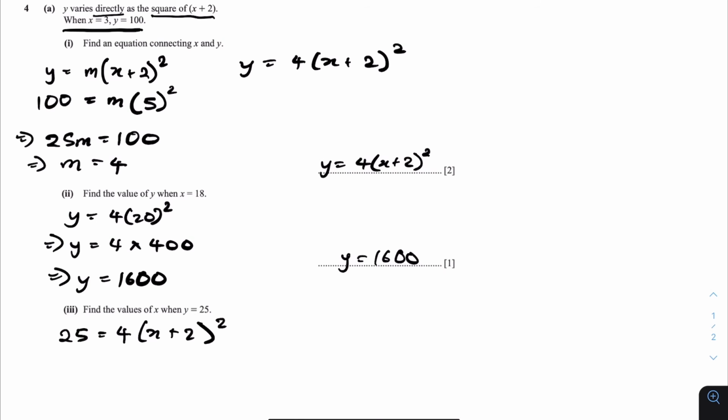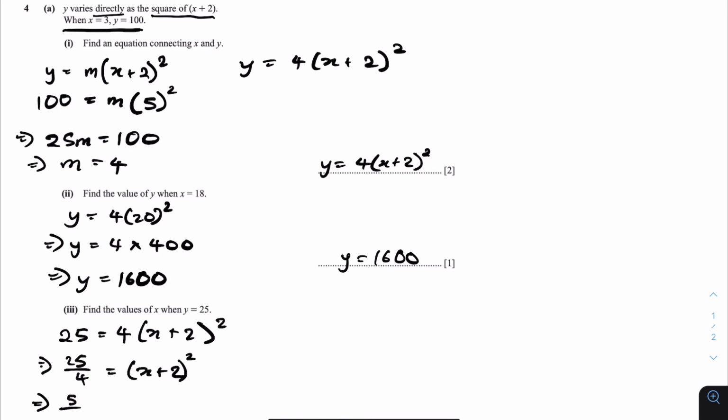Then we can divide everything by 4 to give 25 over 4 equals x plus 2 squared. I'm not going to simplify 25 over 4 just yet because it can't be simplified further. So we can square root everything to get rid of the squared on the x plus 2 side. The square root of 25 is 5, and the square root of 4 is 2. So we get 5 over 2.